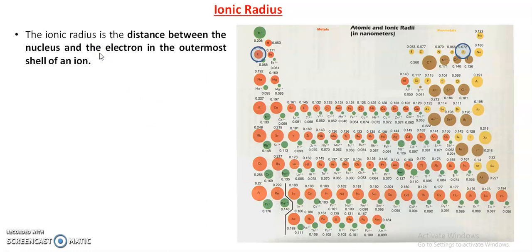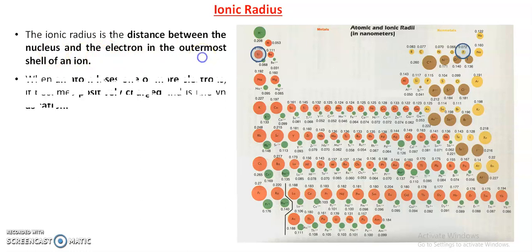Now, ionic radius. Ionic radius is the distance between the nucleus and electrons in the outermost shell of an ion. When an atom loses one or more electrons, it becomes positively charged and is known as a cation.